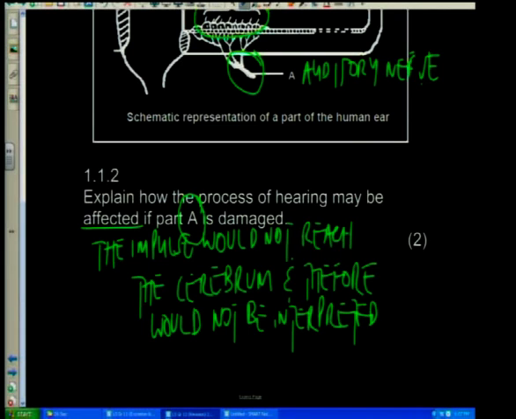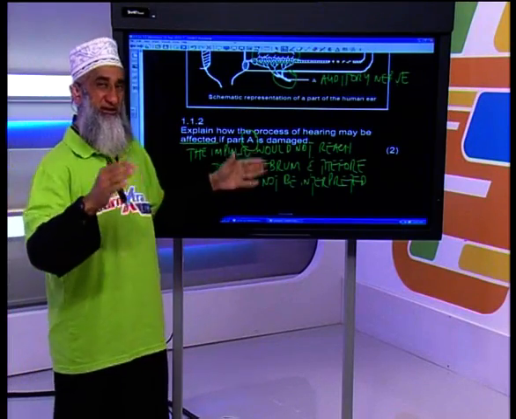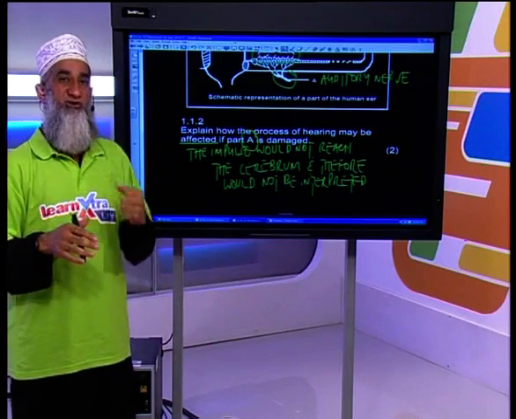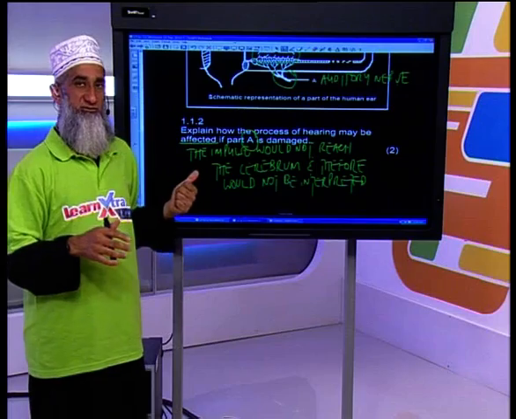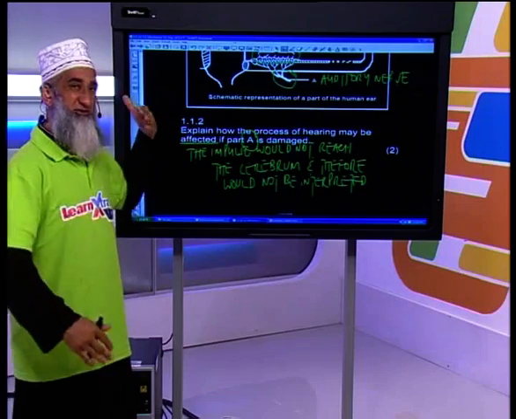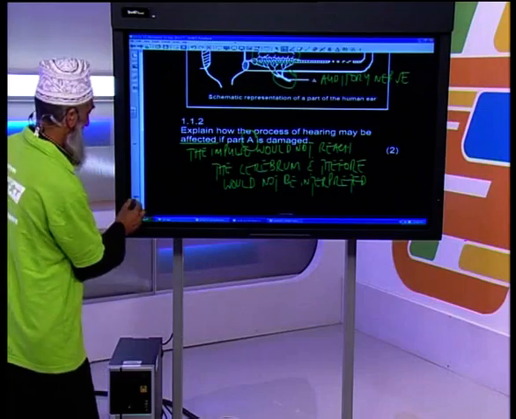That's what we're talking about there. Straightforward. We remember, in any predict or explain question, this is when something is missing. Whenever you get a question like this, you ask yourself, what is this part that they're talking about? What is its function? If the part is not there, then that function will not be carried out. As straightforward as that.